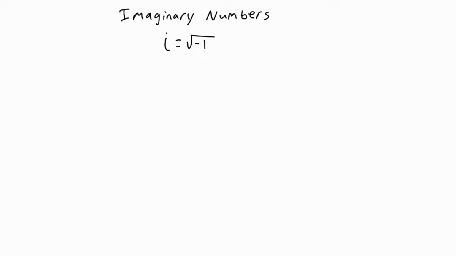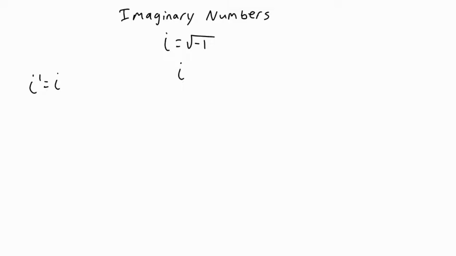Alright, so an important thing to know about imaginary numbers is what happens when you raise them to powers. Let's say we have i to the first. What does that equal? Well, there's one i, so it's going to equal i. Anything to the first power is itself.